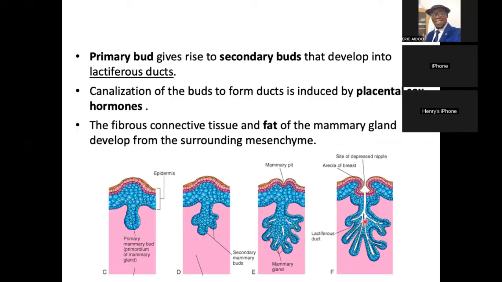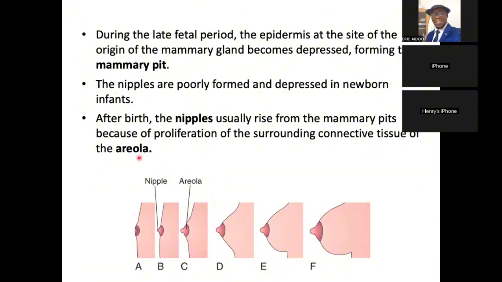So that's the lactiferous duct, which opens here. Site of depressed nipple, areola of the breast, the ducting area of the breast. Okay. So you can see that this is a depression, but as the child grows, it will now be elevated, instead of depressed.